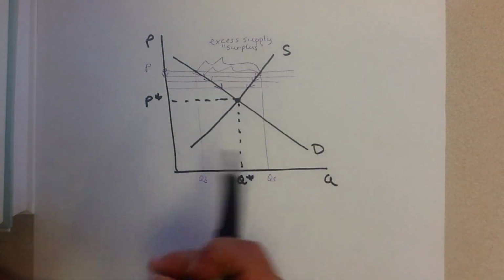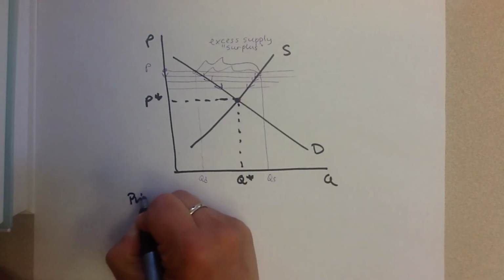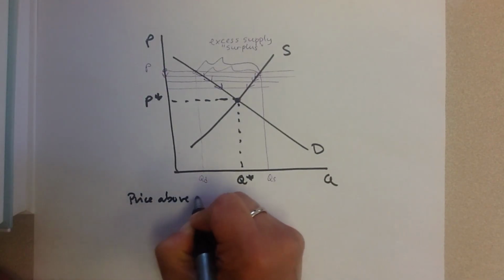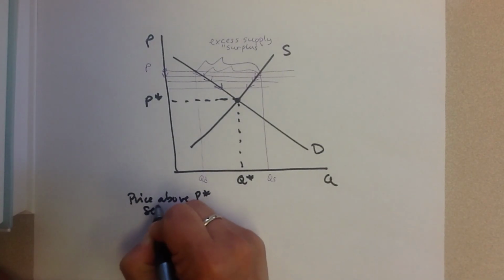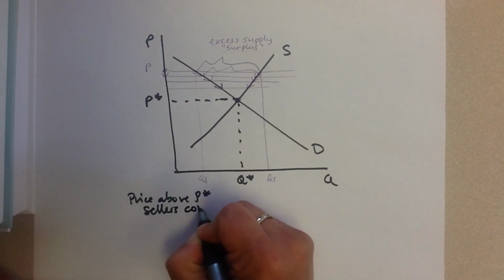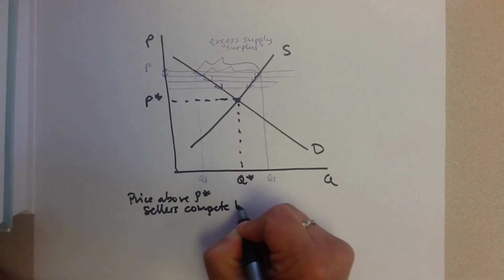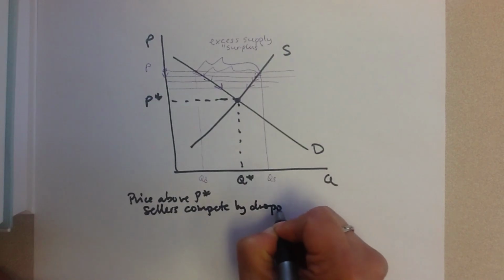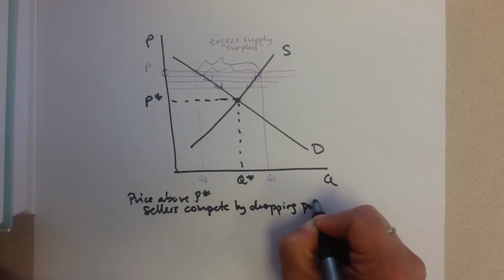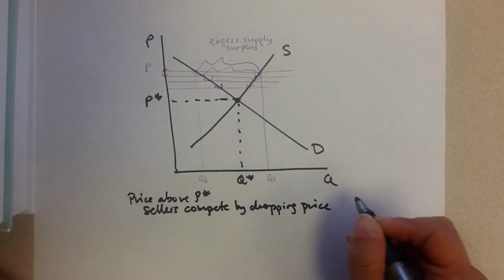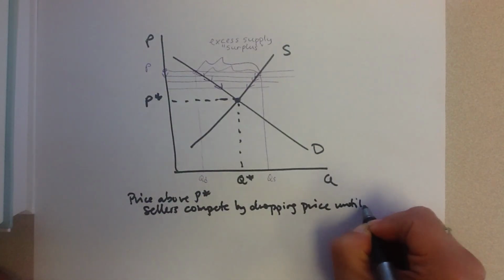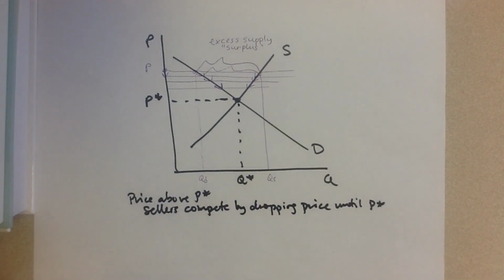So when we have the price above the equilibrium price, sellers compete by dropping the price, and that process continues until we get to P star.